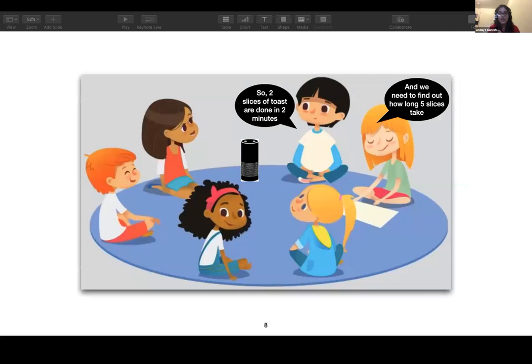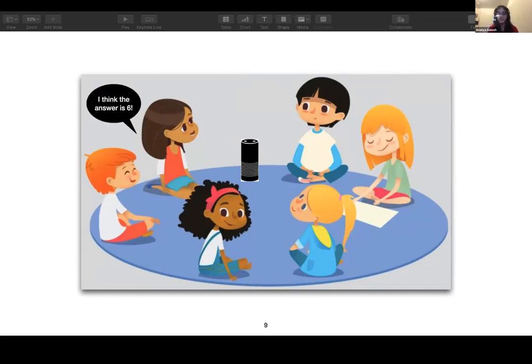This is a group discussion where these students are trying to solve a problem where one student is saying 2 slices of toast are done in 2 minutes. We need to find out how long 5 slices might take. And another student says, I think the answer is 6. So this is an opportunity to intervene and get everyone to think about the steps that get you to such an answer.